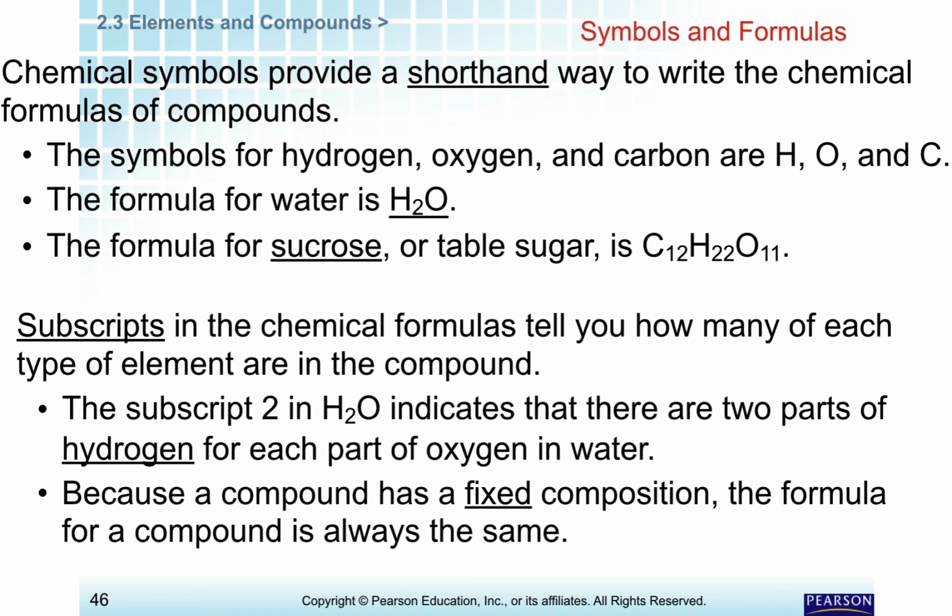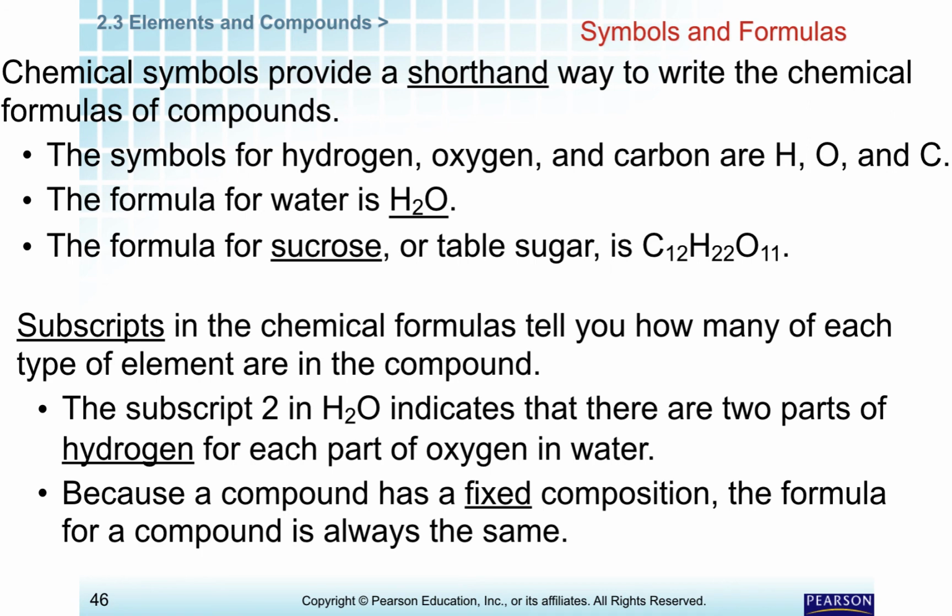Chemical symbols provide a shorthand to write the formulas of a chemical compound. The symbols for hydrogen, oxygen, and carbon are H, O, and C. The formula for water is H2O. Sucrose, C12H22O11. Now you'll notice in water and in sugar, you see some subscripts. Subscripts in the formulas tell you how much of each element are there.